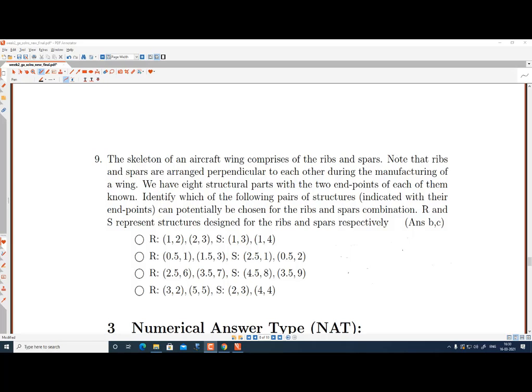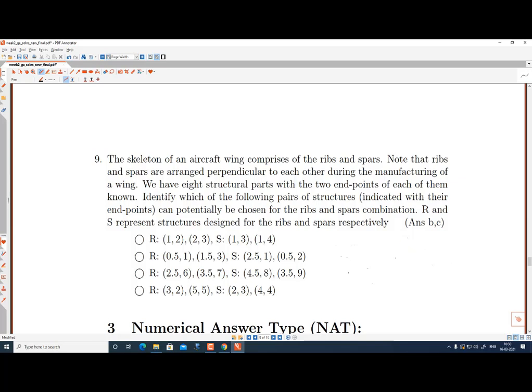When we talk about an aircraft wing, we talk about a lot of internal structures. There are 2 structures, ribs and spars, which are arranged perpendicular to each other. If you open up a wing surface, you can see ribs and spars running perpendicular to each other.